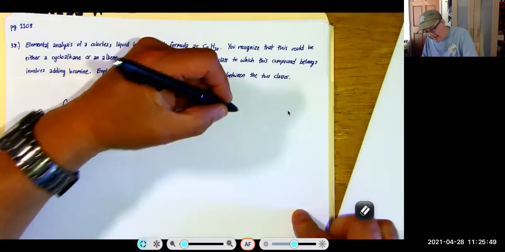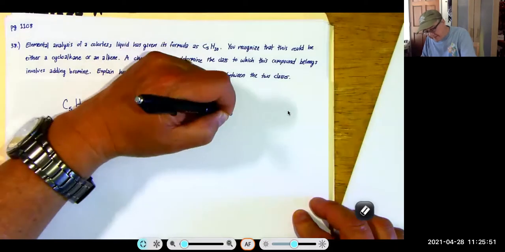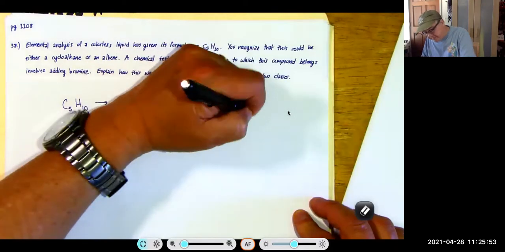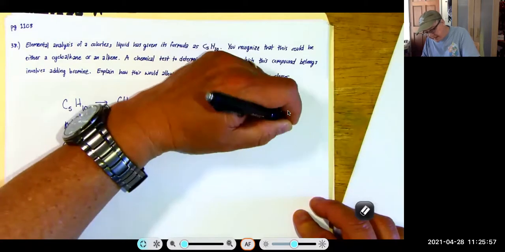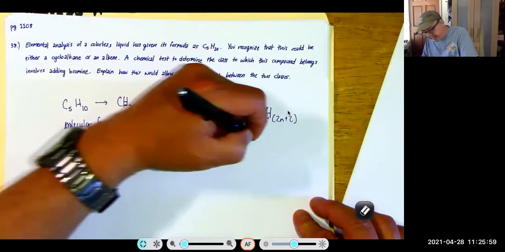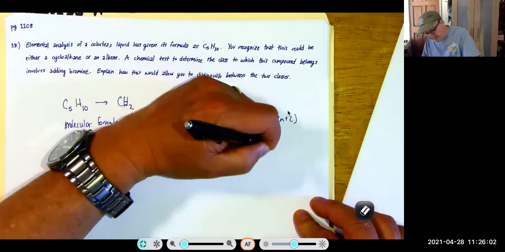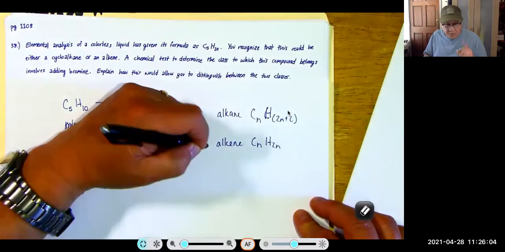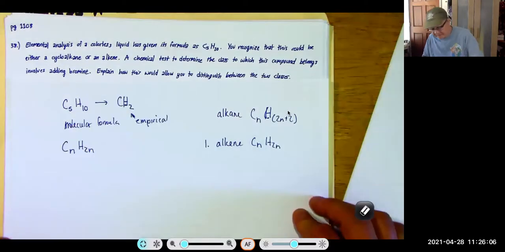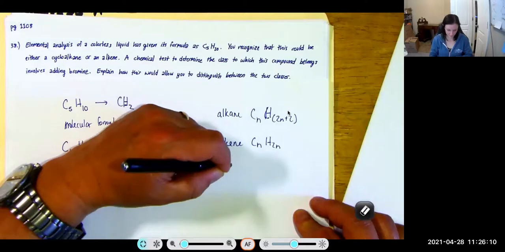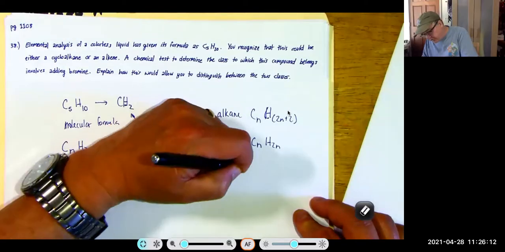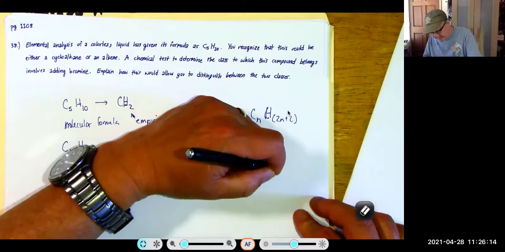Alkane is CnH2n plus 2. Alkene is CnH2n, and that's for only one double bond. Cycloalkane is CnH2n, and that's only for one ring.